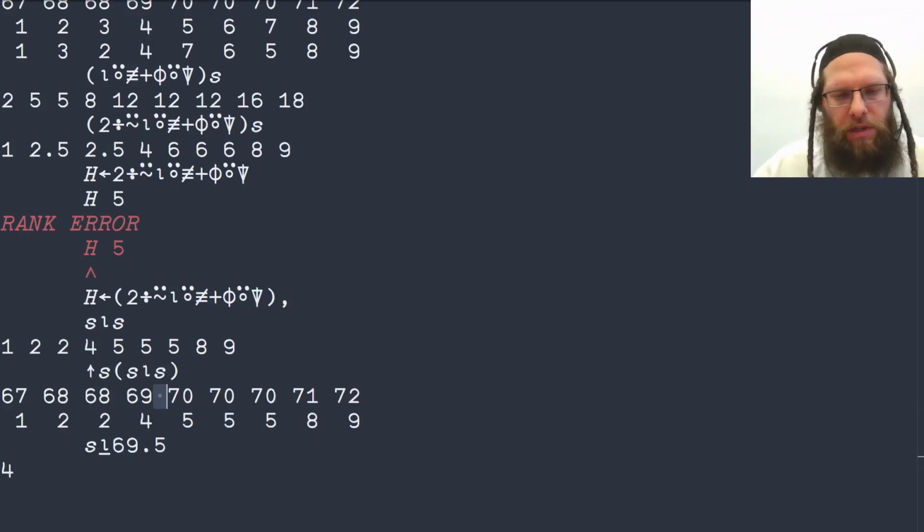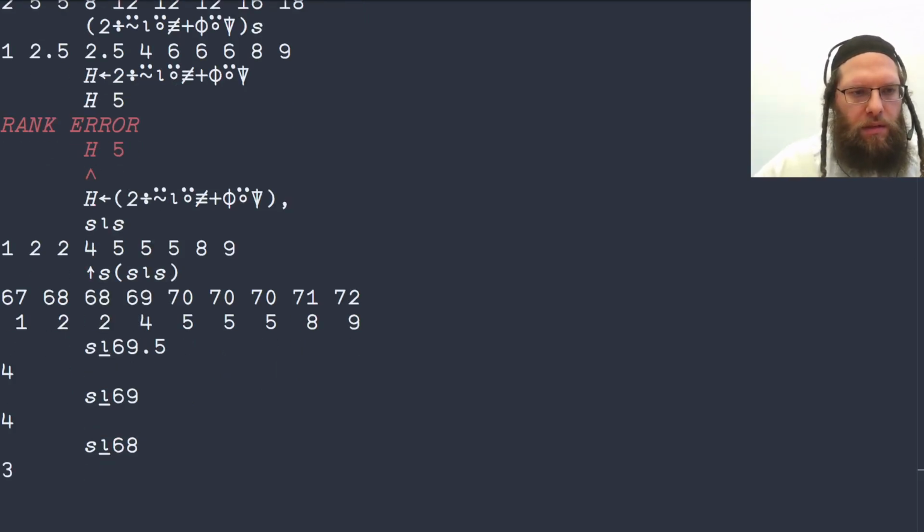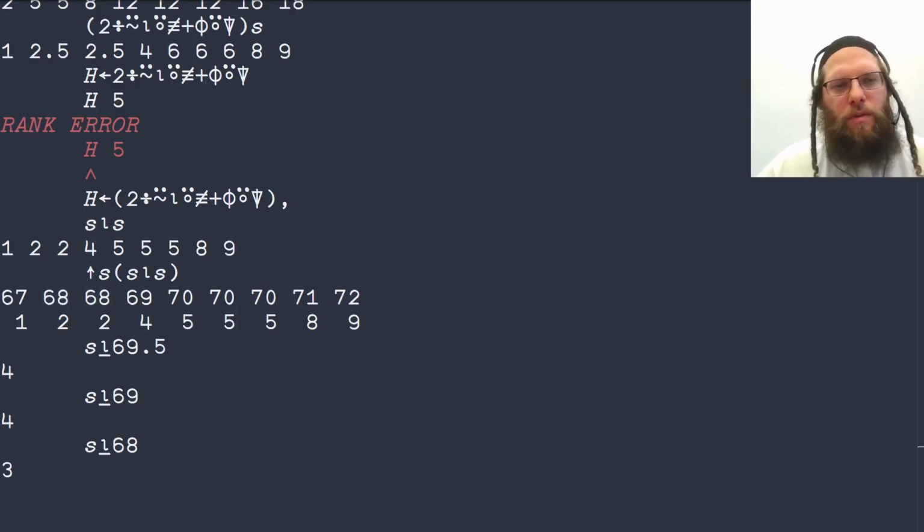We can do this because our numbers are already sorted, so we can find that slot there. If we do 69 itself, it also says 4. If you do 68, it says 3. So you can see here, it wants to place 1, 2, 3, and a value that's identical to an existing value after the last of those values. Kind of a first come, first serve.